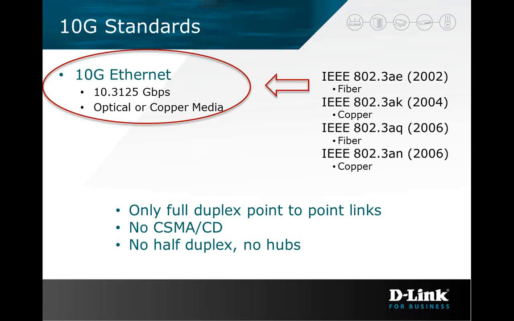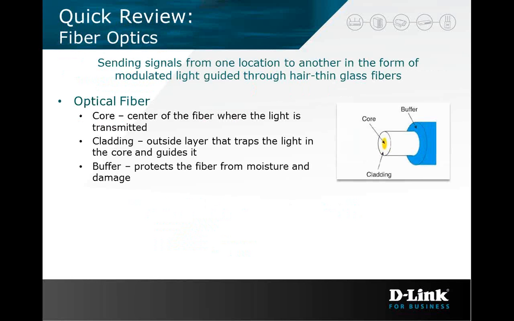If they sensed a collision, they would back off, and then at a time when there was nobody else transmitting, the devices would transmit. That was called carrier sense multiple access with collision detect. No more of that with 10 gig Ethernet. No CSMA/CD, no half duplex, no hubs. 10 gig Ethernet is only full duplex point-to-point links.